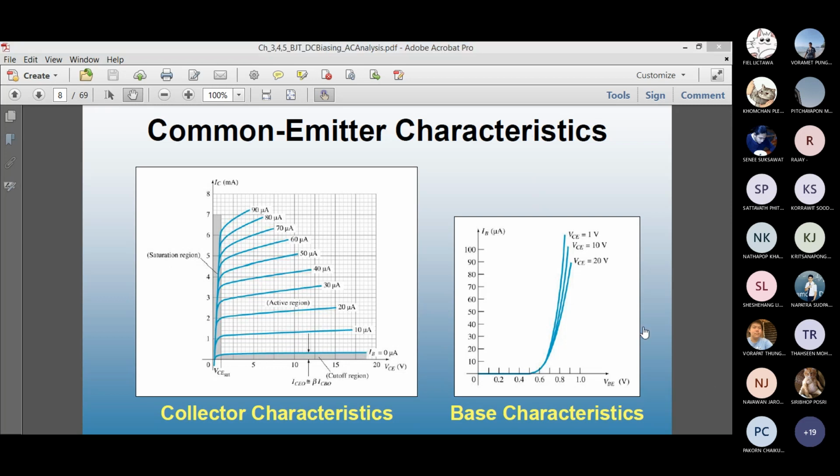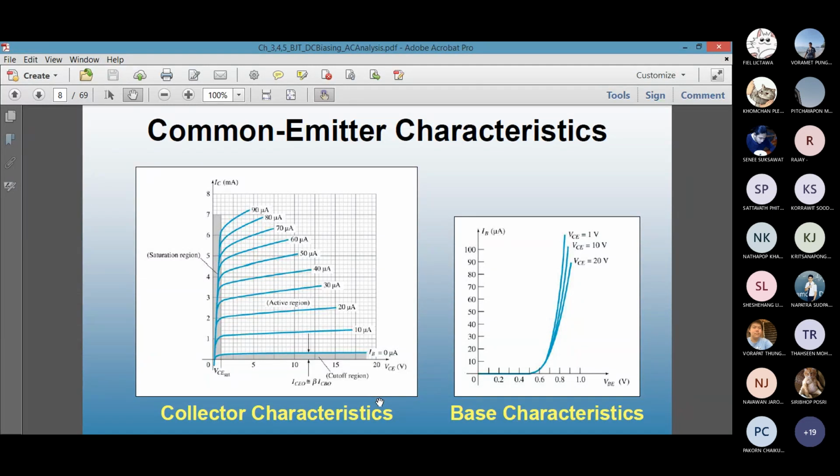Then let me ask this of Sukaina. Sukaina, are you here? Yes. Which one is the input graph and which one is the output graph? On this slide, which one is the input side graph?